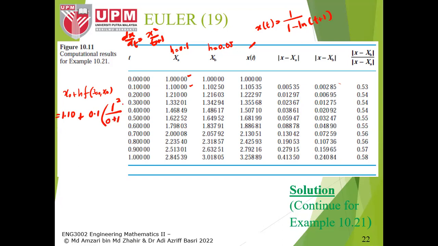So from here you will get 1 square divided by 1, times 0.1, plus 1, which becomes 1.21. So this one you will get 1.210. This is the value of this one.